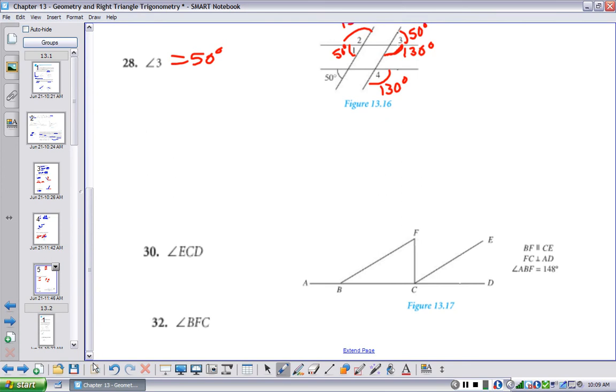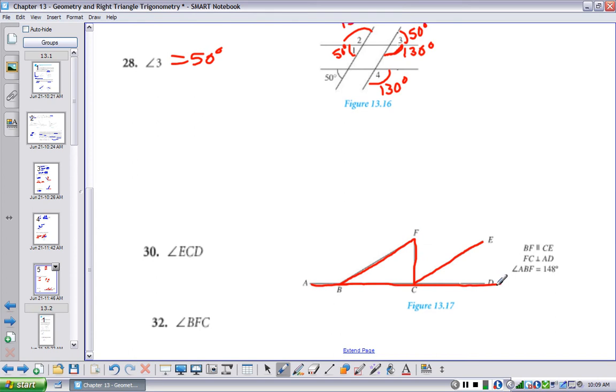All right, now let's look at the figure we have here. It tells us that BF is parallel to CE, and FC is perpendicular to AD.